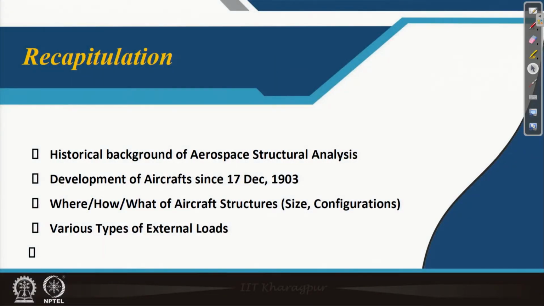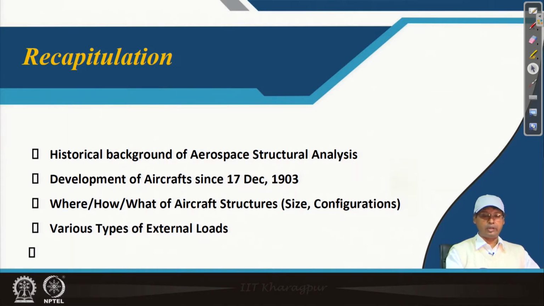How does it look like, how the loads come to the aircraft, and how does it internally look like, what is the principle of fabrication and construction of aircraft structures, and with those things we will conclude. But before we conclude or go forward for today's lecture, what we have done this week in our last 4 lectures are as follows.